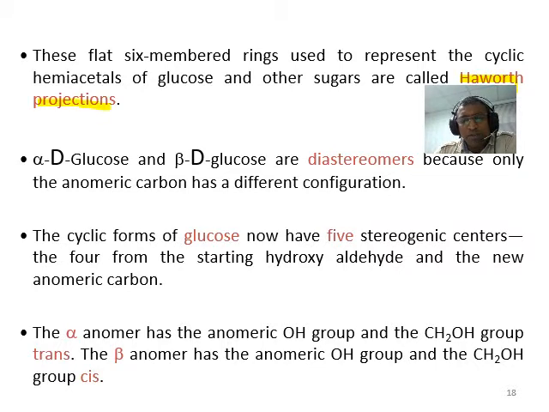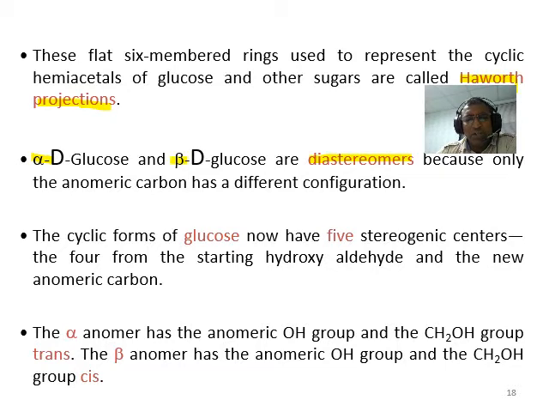This is specifically in terms of how the cyclic structure can be seen in terms of its positioning. And then later we will also talk about chair and boat projection, which is the best positioning of the structure. And both the alpha and beta D-glucose are considered diastereomers because of the two types of positioning of the OH.